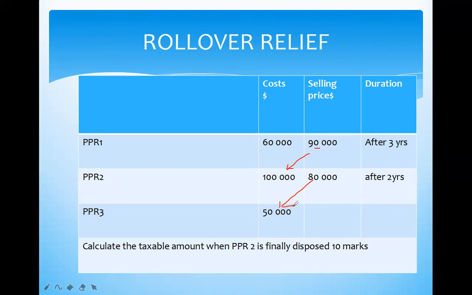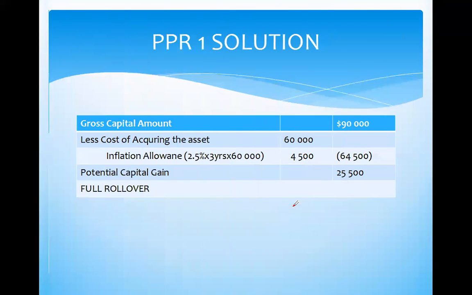We want to determine the potential gain from the asset that was sold for 90,000, of which the cost was $60,000 after using it for 3 years. So what you do is you determine the gross capital amount from your Capital Gains Act. You can actually see that it is 90,000 from our previous slides.